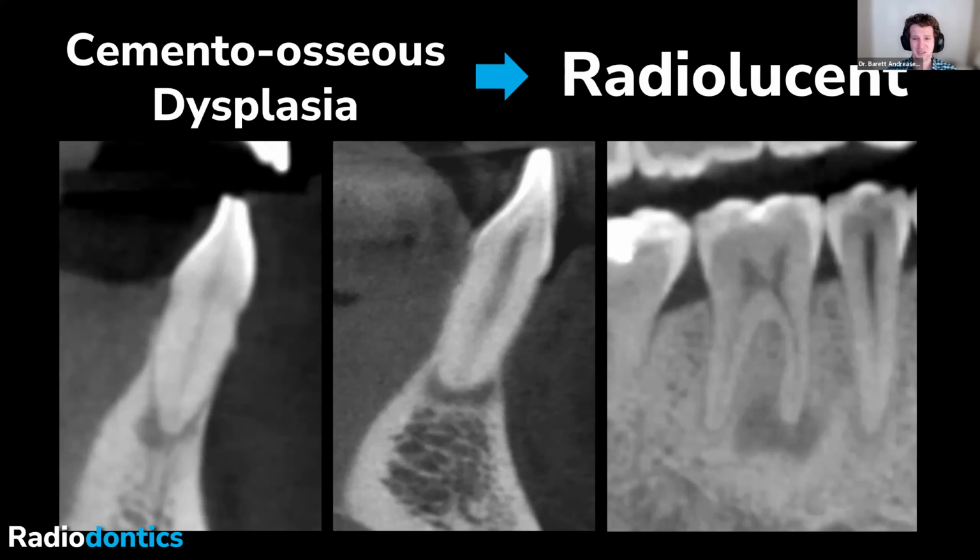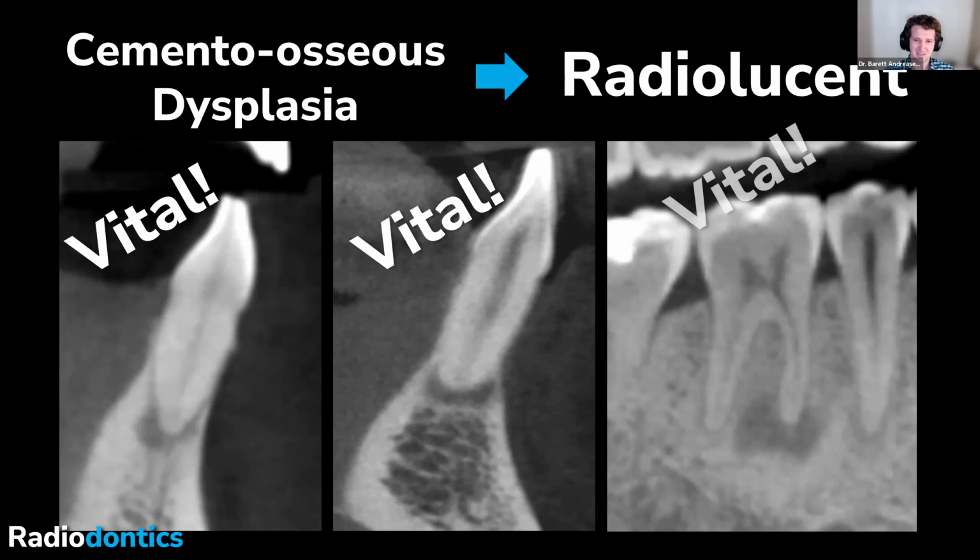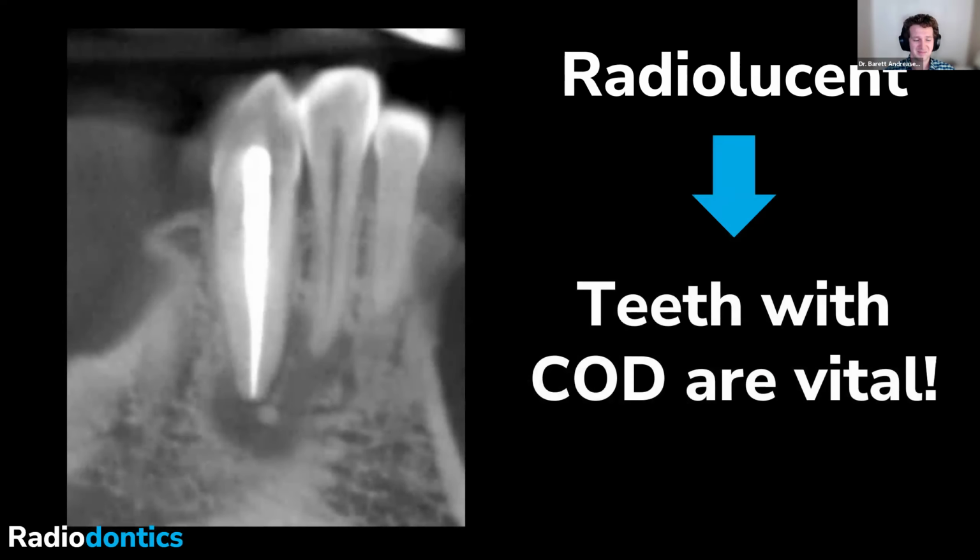It looks like a tooth infection. But thankfully, if we were to go ahead and test these teeth, they're all going to test vital. So that's the big important thing to note when you're dealing with these early lesions of cemental osseous dysplasia. You've got to test these teeth. Now, ideally, we would always be doing vitality testing on any tooth before doing a root canal, but sometimes that's not the case.